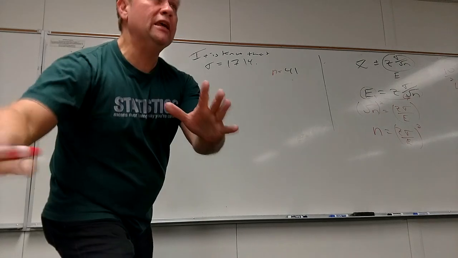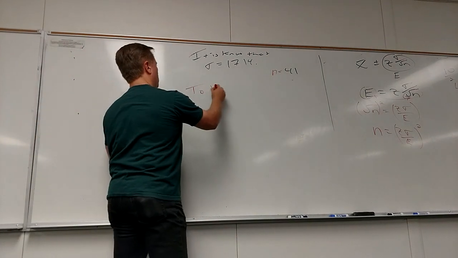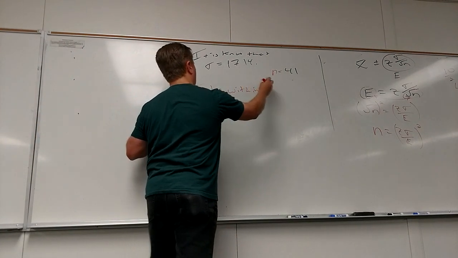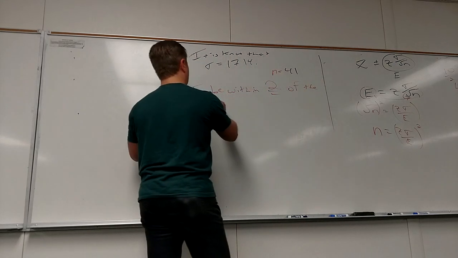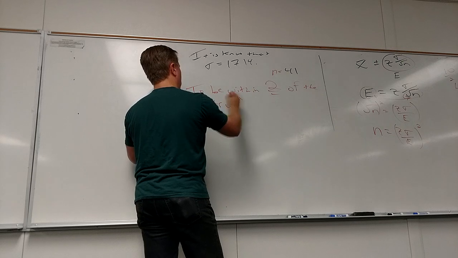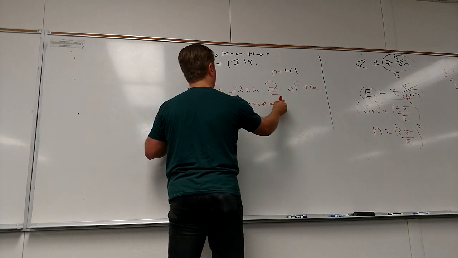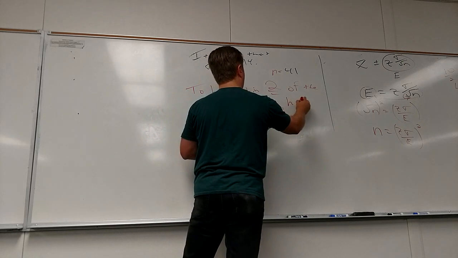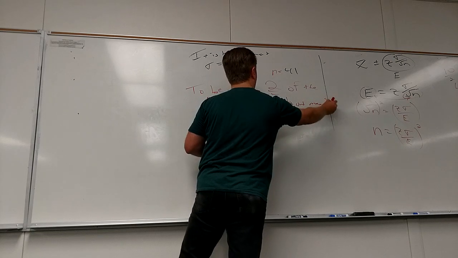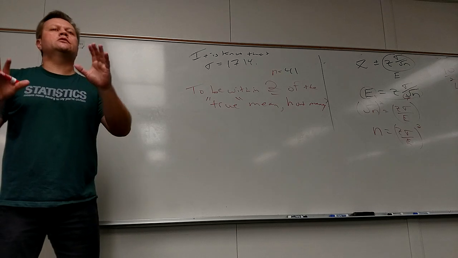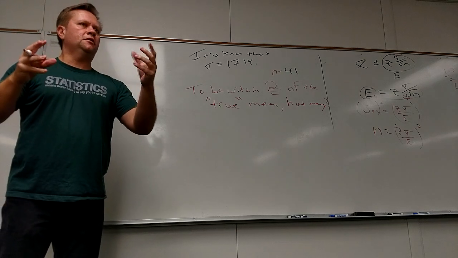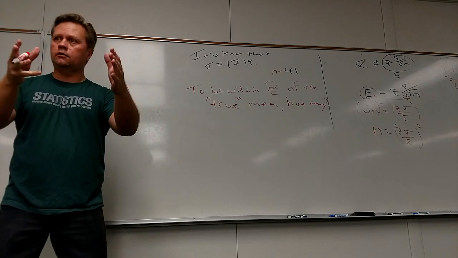So to be within 2. How many do I have to take? They're not always going to use this word, but the word within is a true key. That's the error.